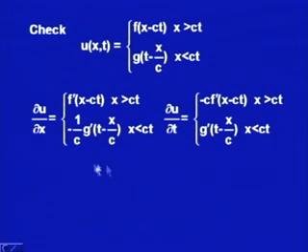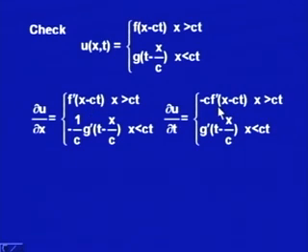Now, you see, if I take c times del u over del x, I would get c times f dash of x minus ct, in the region x greater than ct, and for the same reason del u over del t is minus c times f dash of x minus ct.